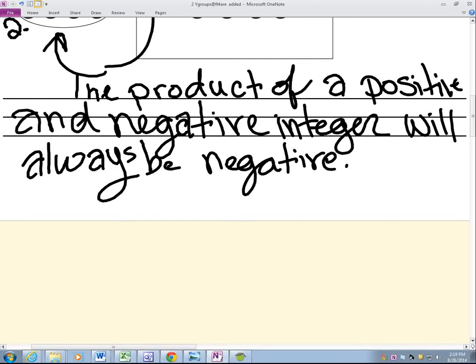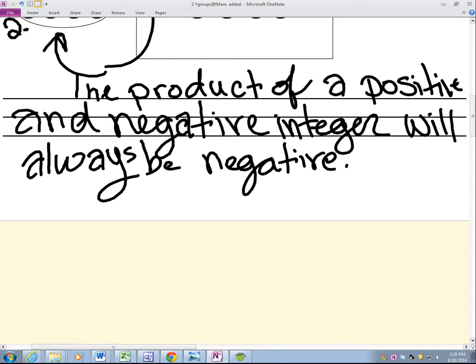The product of a positive and negative integer will always be negative. Any questions on that?